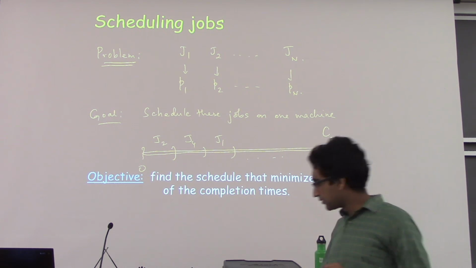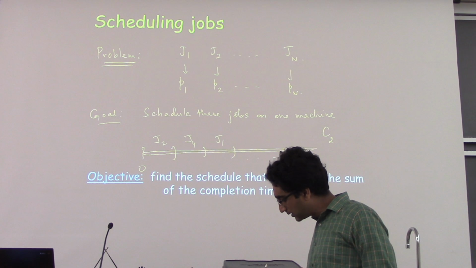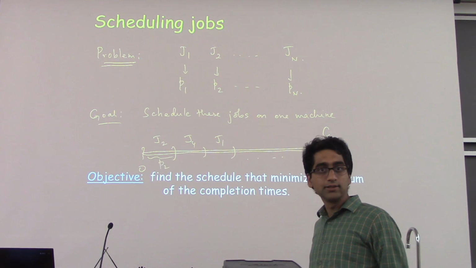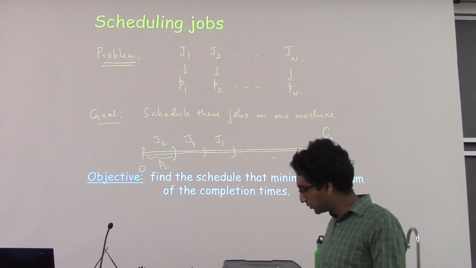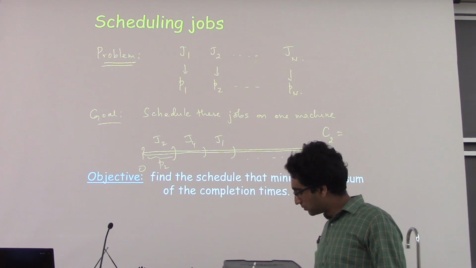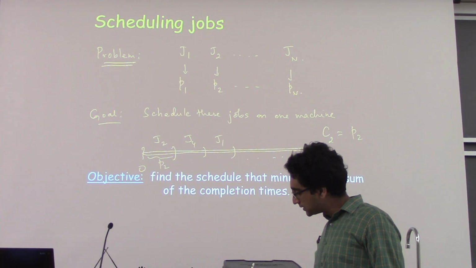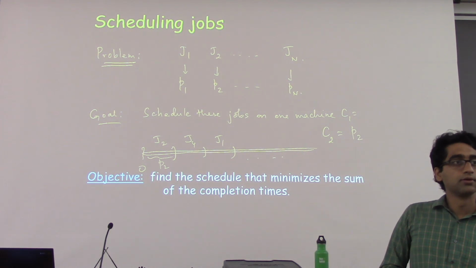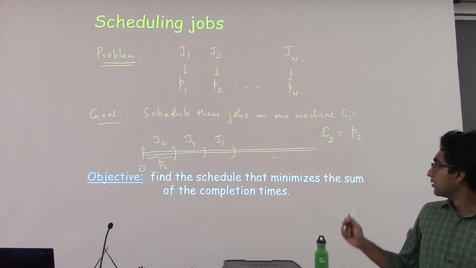C2 is basically the length of this, which is P2. So the completion time of job 2 is P2. What is the completion time of job 1?